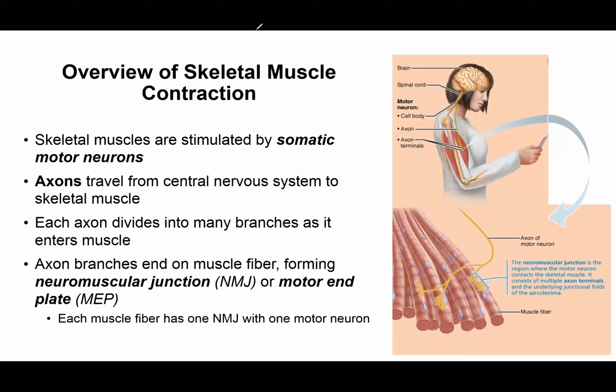So essentially what's happening here is we have the brain up here and the spinal cord are going to give off neurons or nerves in this case, and we're going to say that this is a nerve, and nerves tend to have both somatic, so this would be both motor and sensory, but we're going to focus specifically on motor because motor leads to movement.